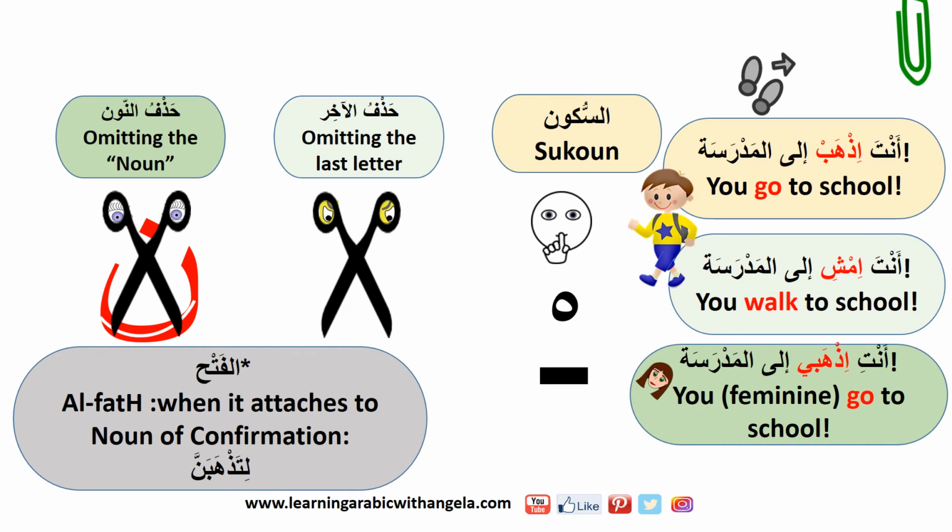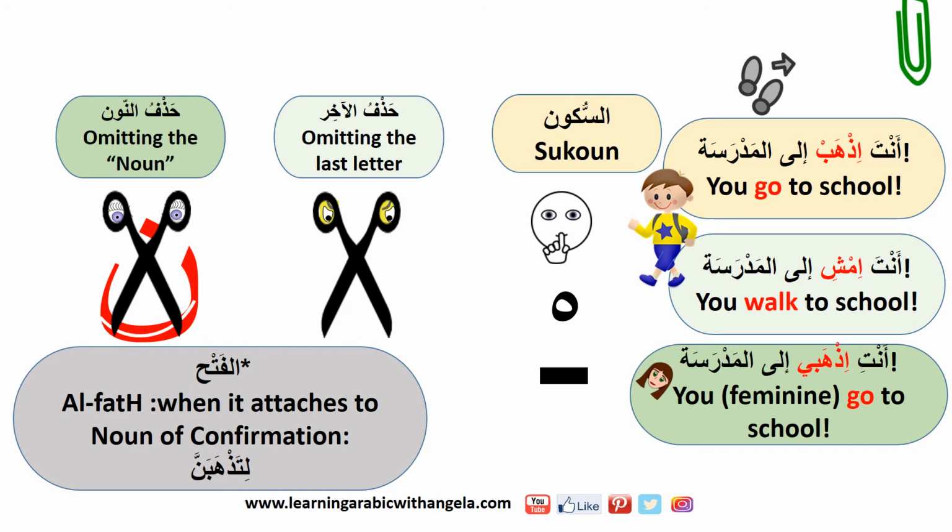So let's recall the 3 typical signs of the imperative tense in Arabic. So we've got the sukoon, and that is when the verb has no vowel ending. And then we've got omitting the last letter, and that is when the verb has a vowel ending.